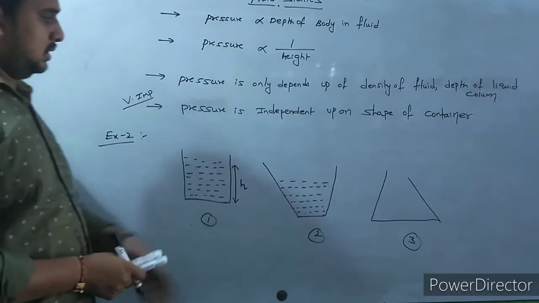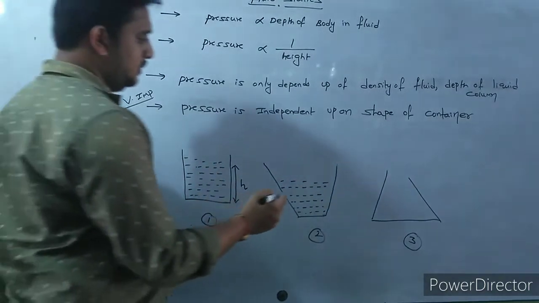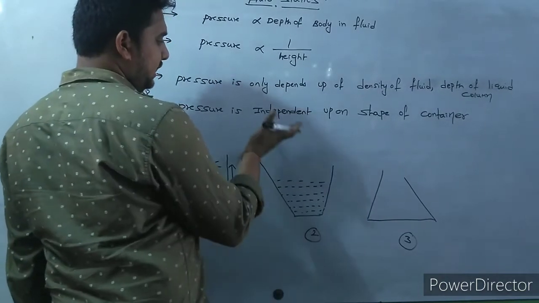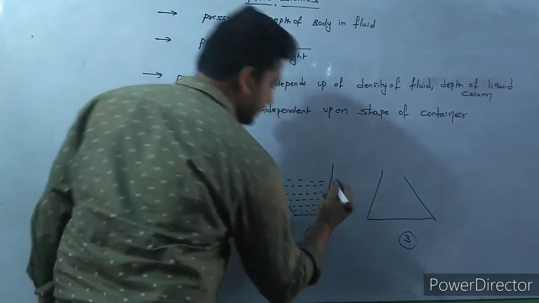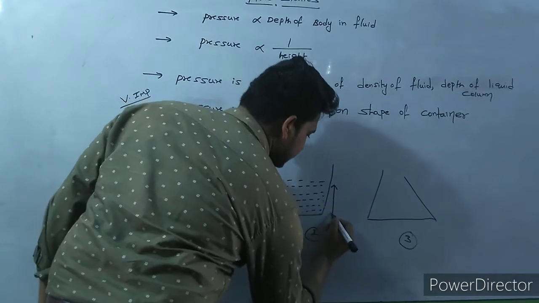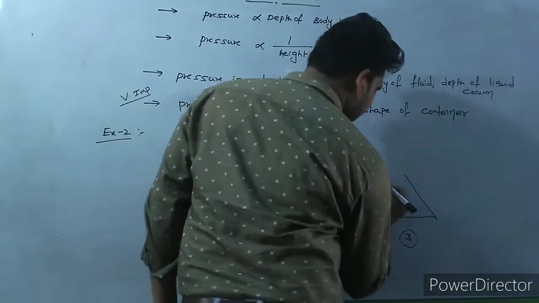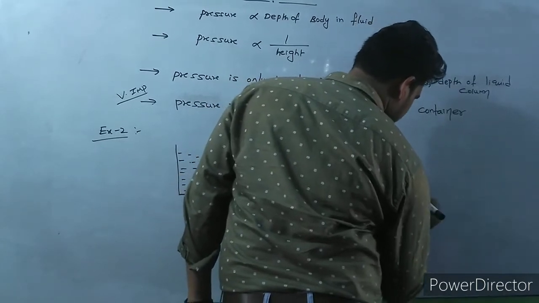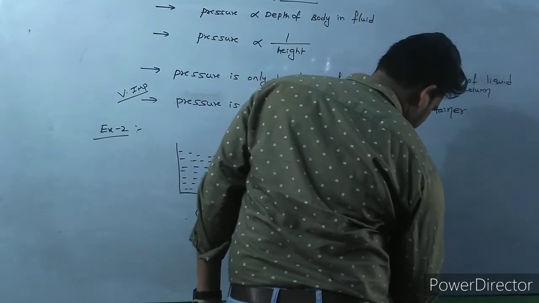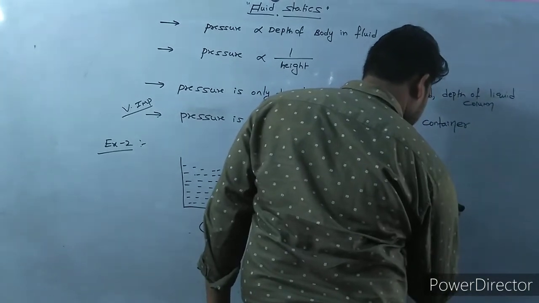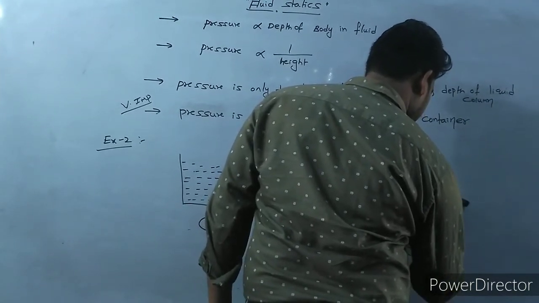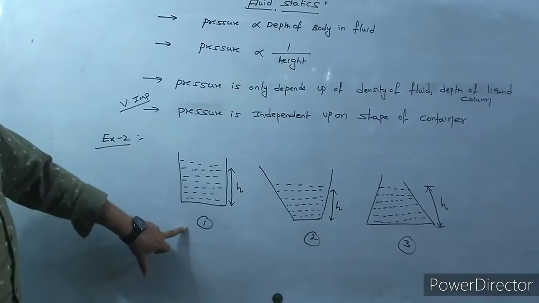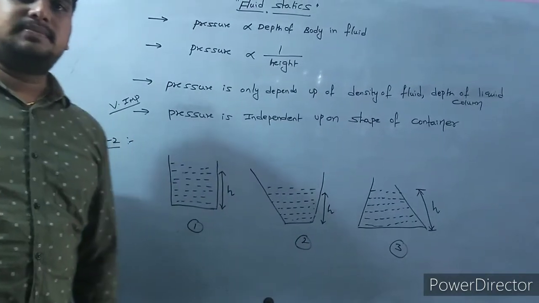Observe carefully. Here the volume is going to increase. Volume increases means height decreases. So observe carefully the first container, second container, third container.